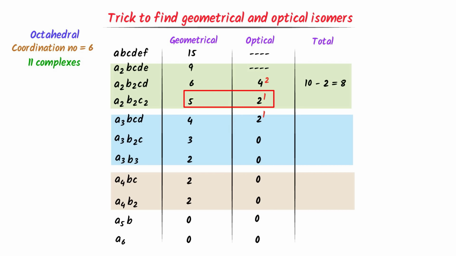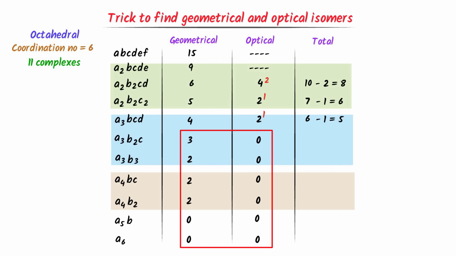5 plus 2 is equal to 7. This one means subtract 1 from the 7. 7 minus 1 is equal to 6. I get 6 isomers. 4 plus 2 is equal to 6. I minus 1 from 6. I get 5 isomers.